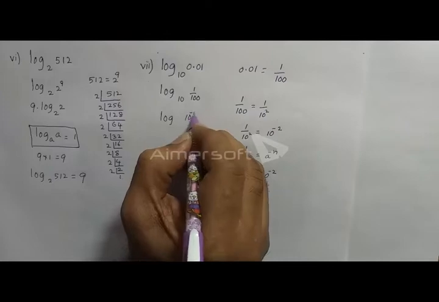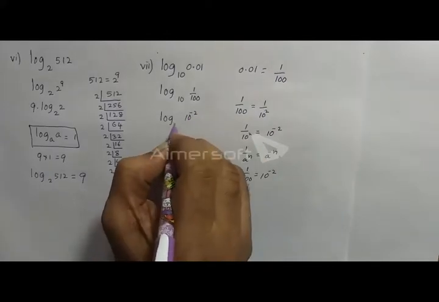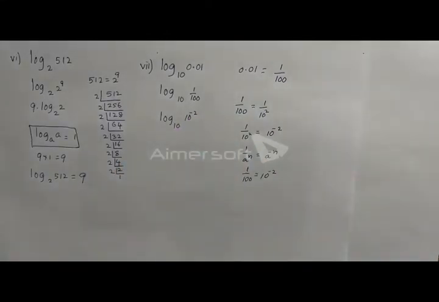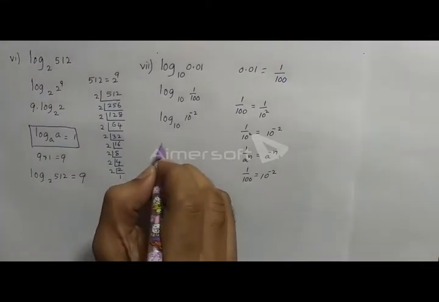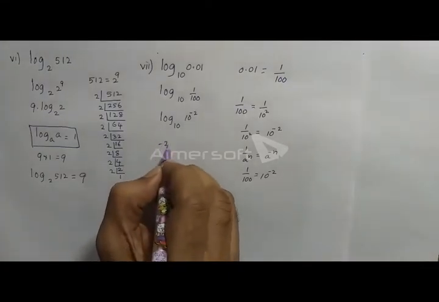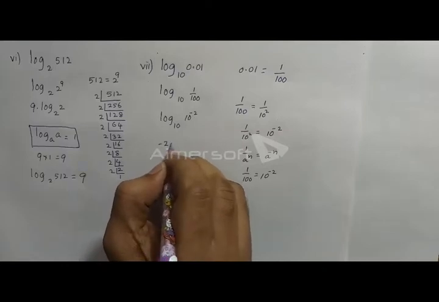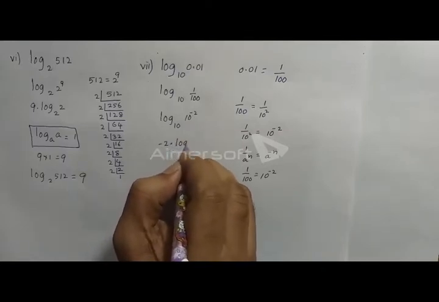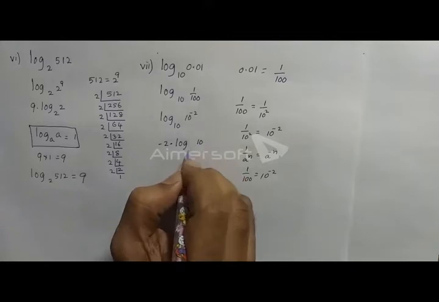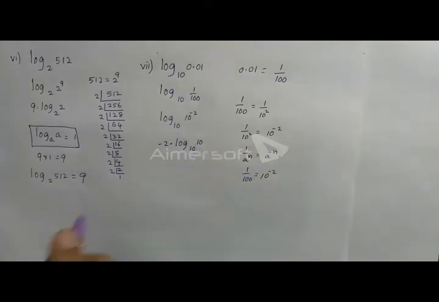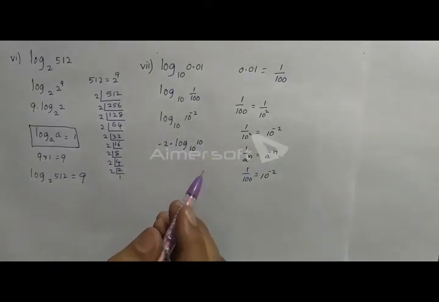Log 10 power minus 2 base 10. Okay, now we have to send minus 2 before log and we write minus 2 into log 10 base 10. Log 10 base 10 is equal to 1.